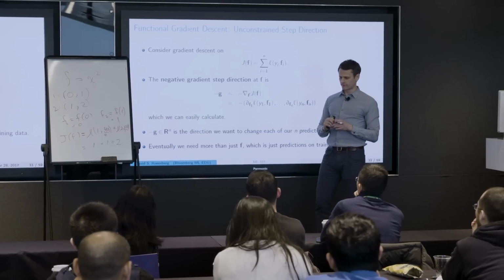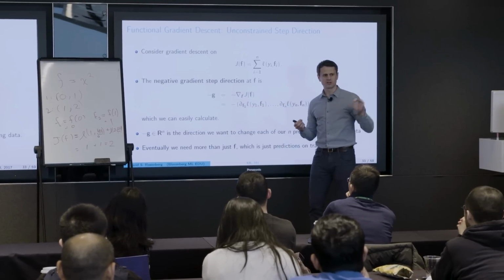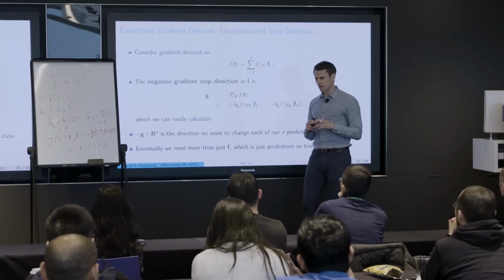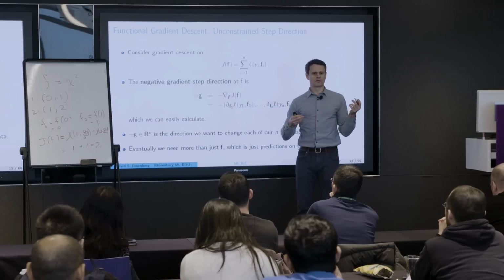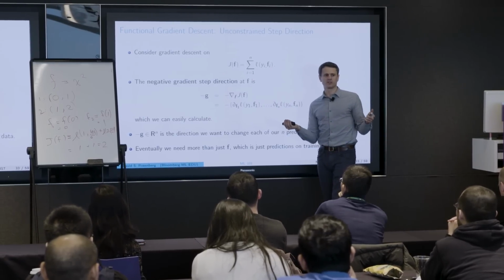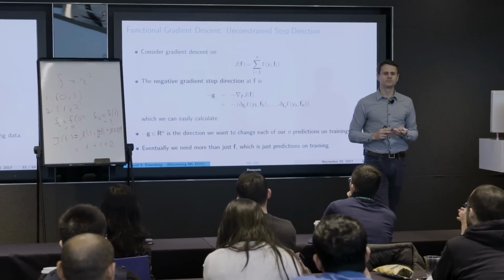For a given function f, we'll create a vector f where the subscripts are its evaluations at each of the training points. That's right. But then when we want to optimize over the function f, that's equivalent to optimizing over the vector f, because in this objective function, we only ever look at the function at the training points.